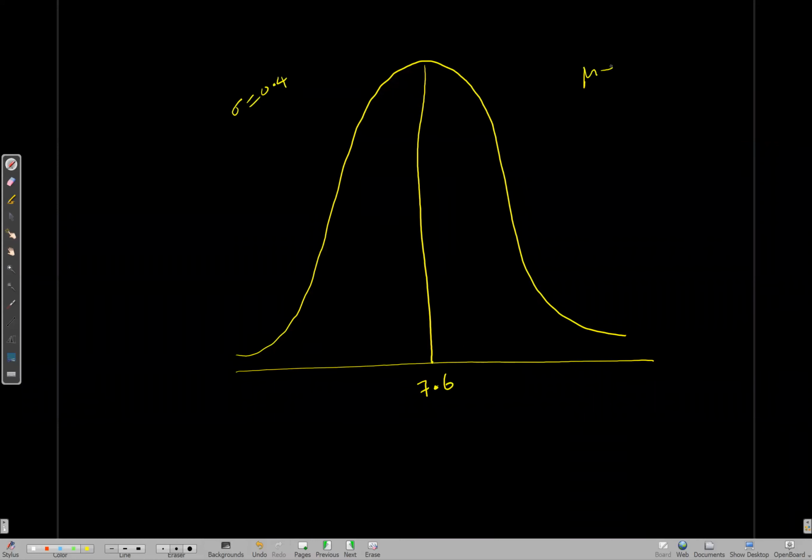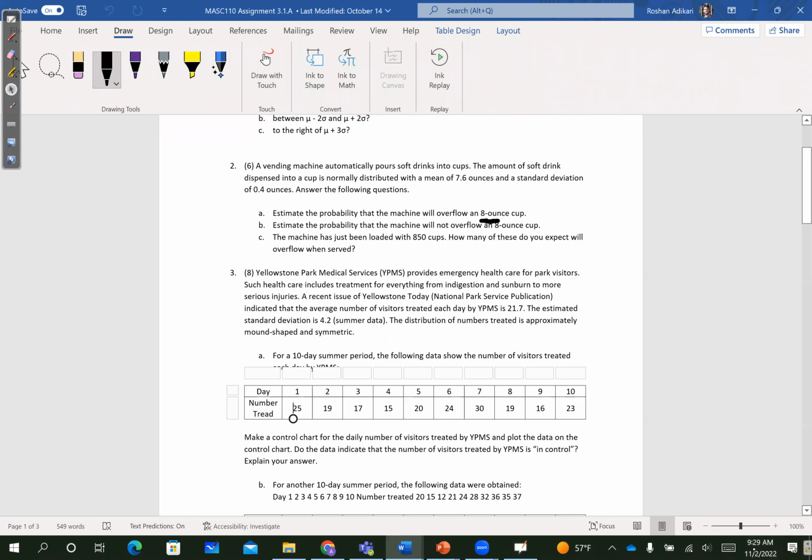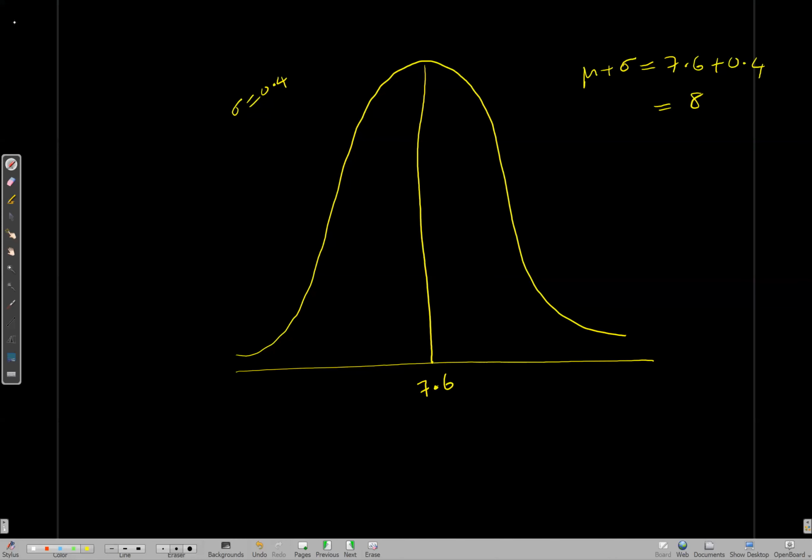So mu plus sigma, what is that value going to be? 7.6 plus 0.4, so 8, right? So it's not an accident that you see the number 8 here, because without using Z tables, you can easily answer this question just by basic knowledge. So this point is 8.